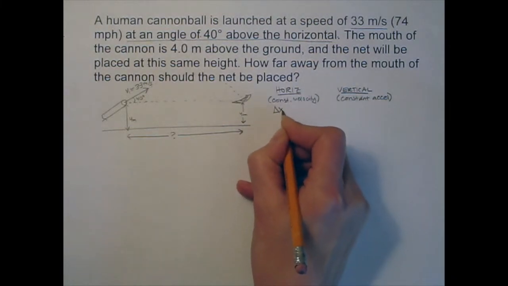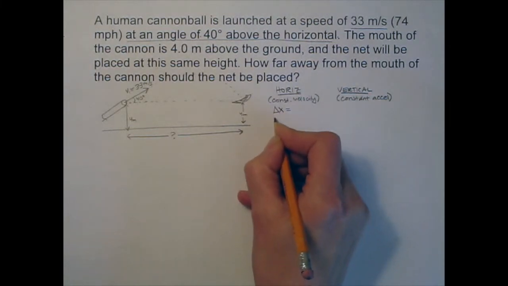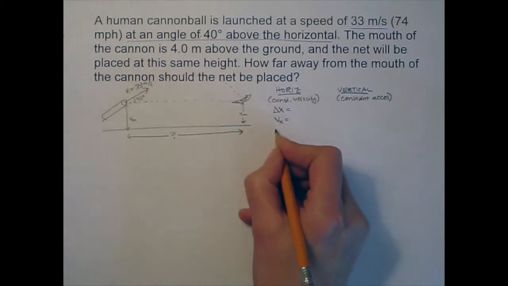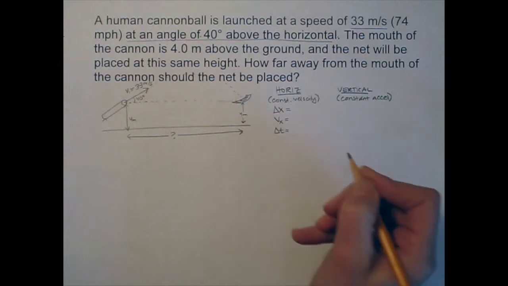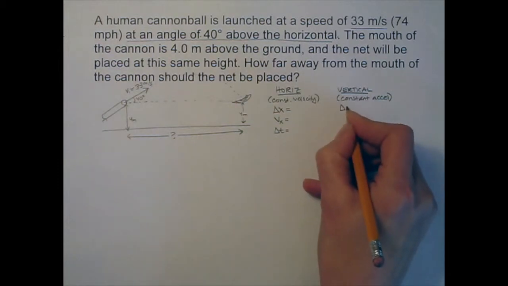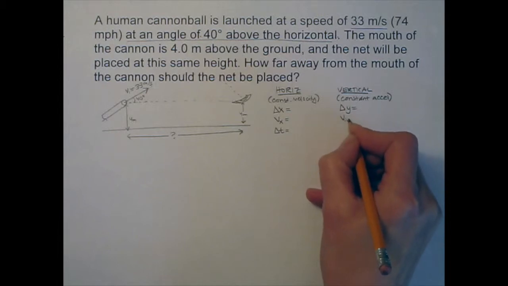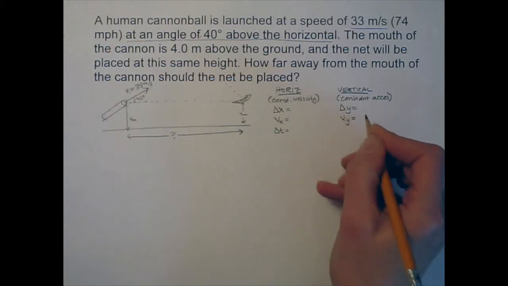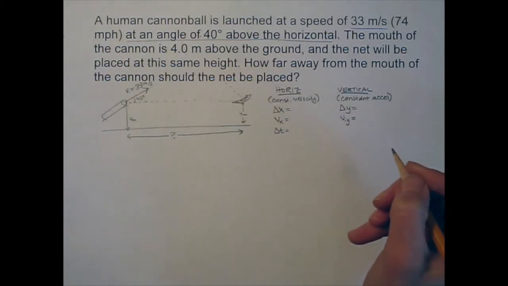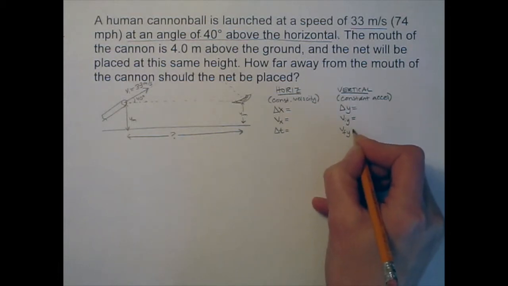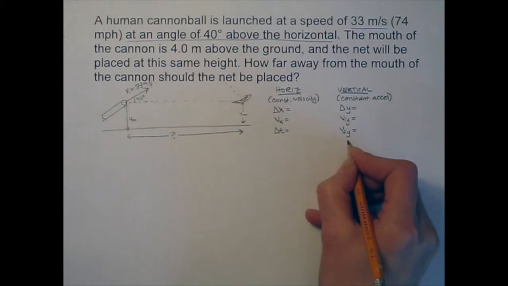So the horizontal variables are going to be the horizontal displacement, the horizontal velocity, which is constant, and the time interval. Vertically, we have the vertical displacement, the initial component vertically of the initial velocity, the vertical component of the final velocity at some later time, the acceleration, and the time.